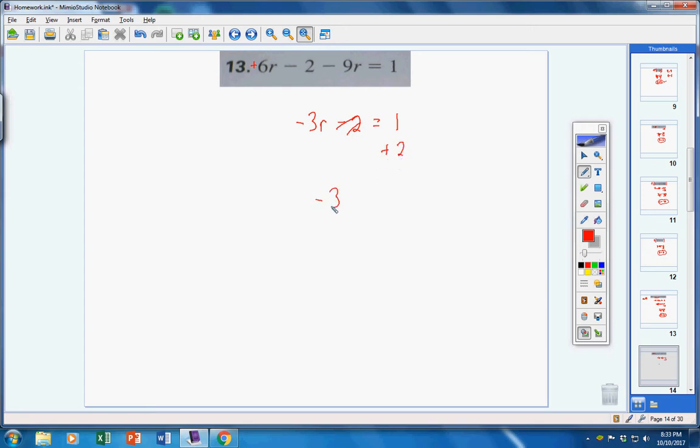And we're left with negative 3r equals positive 3. Next, get rid of your coefficient. So r equals negative 1. A positive over a negative is negative, and 3 over 3 is 1. Alright? Moving on.